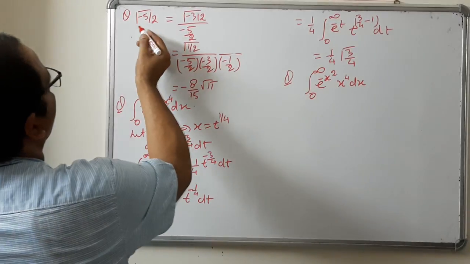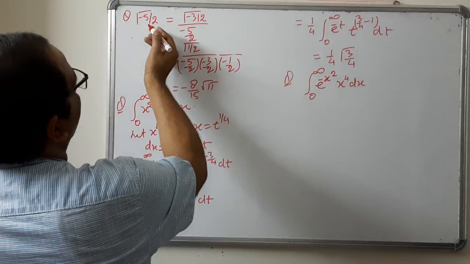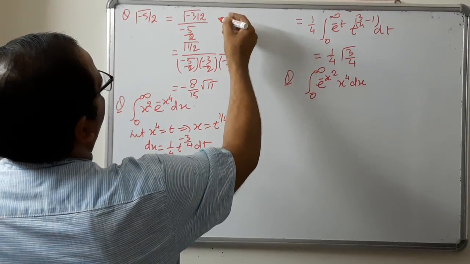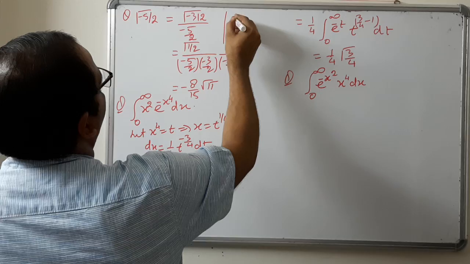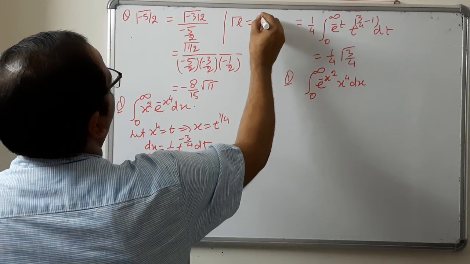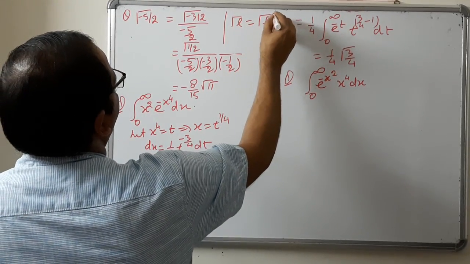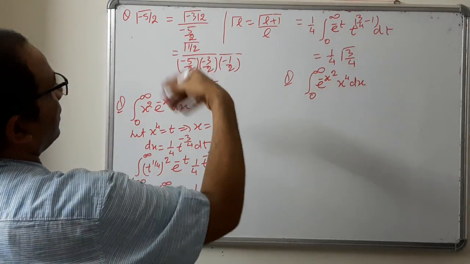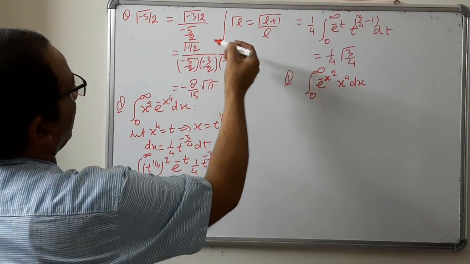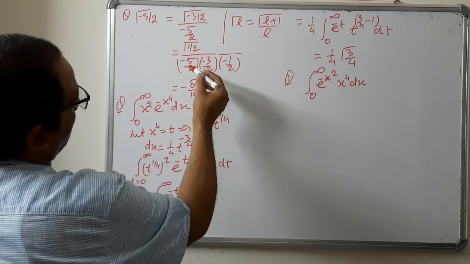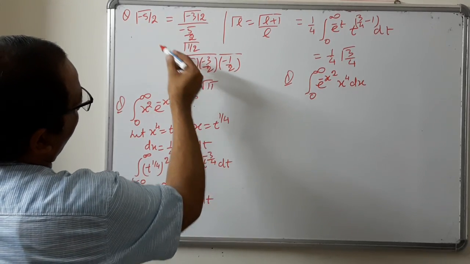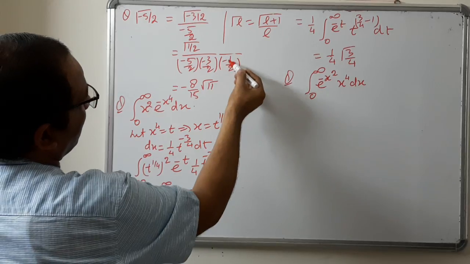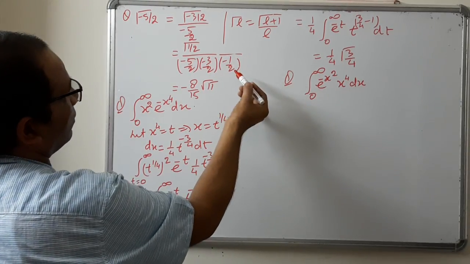Now we solve gamma(-5/2). Gamma(-5/2) can be written as gamma(-3/2) upon -5/2, using the formula gamma(L) = gamma(L+1)/L. Applying this formula again and again, we get gamma(1/2): first write -5/2, add 1, -3/2, plus 1, that means -1/2, plus 1 means 1/2.